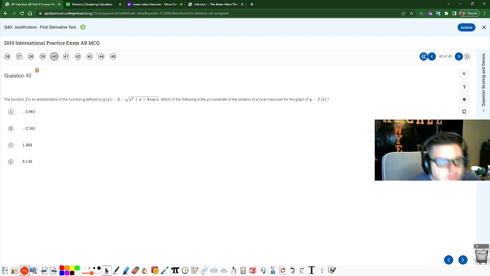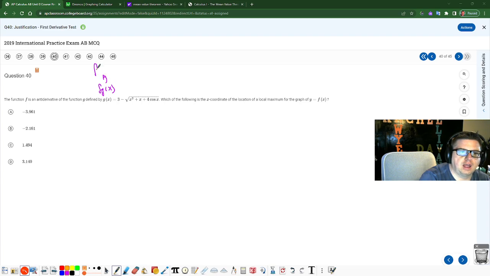So, the function f is an antiderivative of the function g, defined by that. Which of the following is an x-coordinate for the local maximum of the graph of f of x? Oh, so they're telling us that if I were to integrate g of x, I would get f of x. f is the antiderivative of the function g.